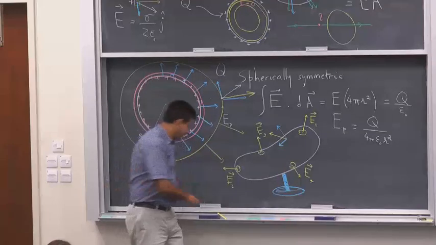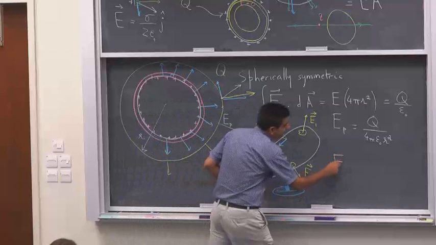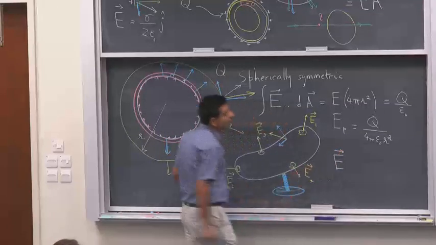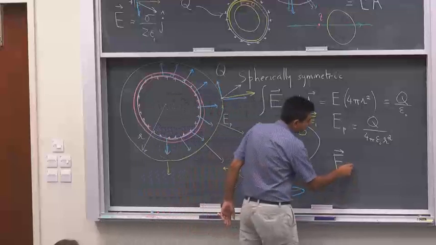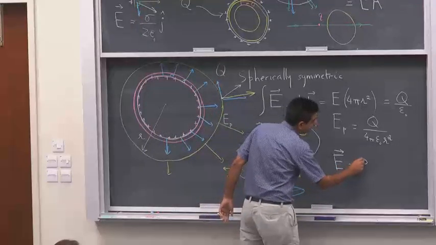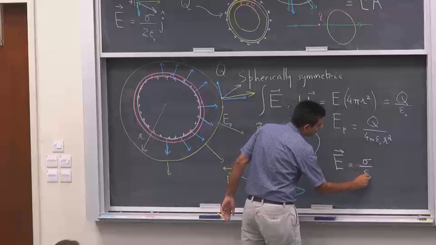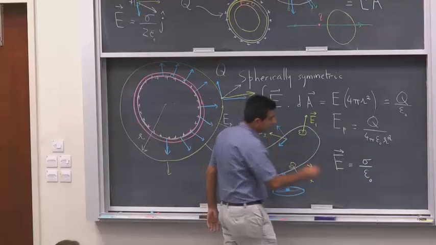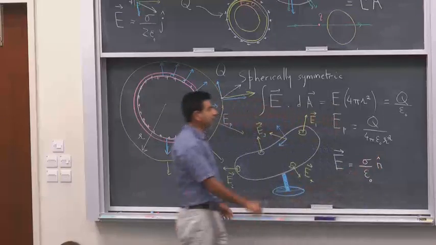Alright? And the electric field that comes out from a charged metallic object is given by sigma over epsilon naught, pointing in a unit direction that is unit normal to the surface.